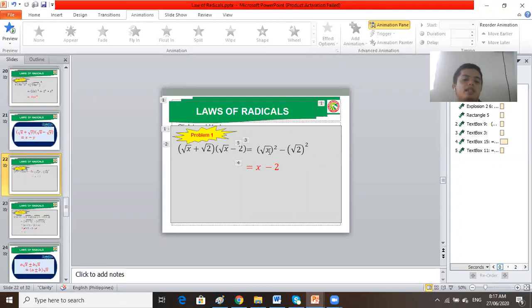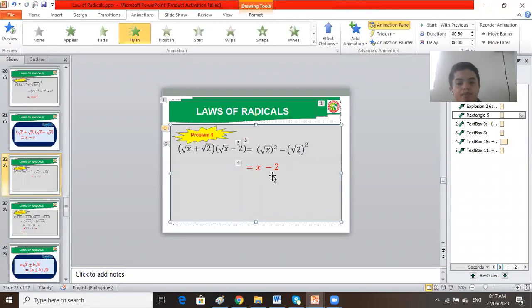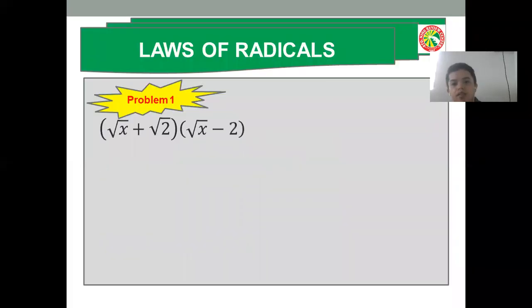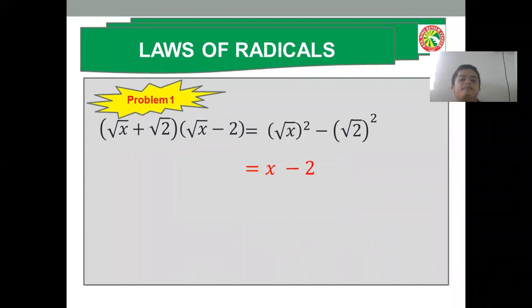So what remains is what is inside the radical. So there is x, and the square root of 2 squared is 2. That is how to simplify problem number 1.